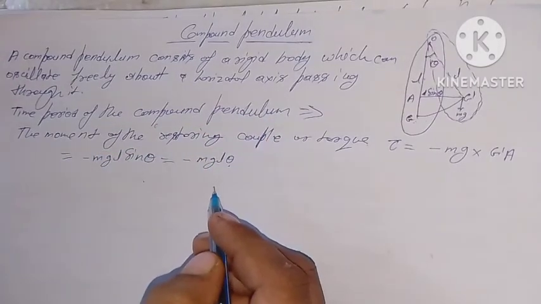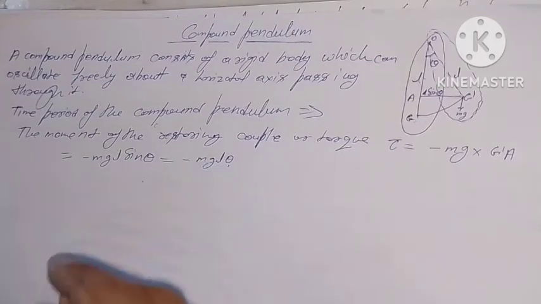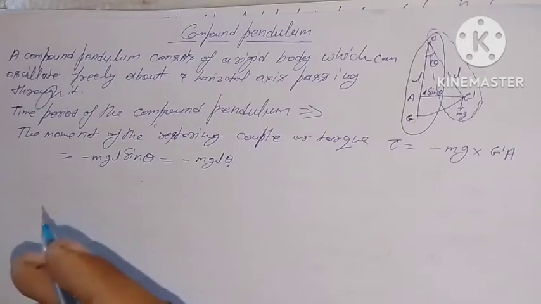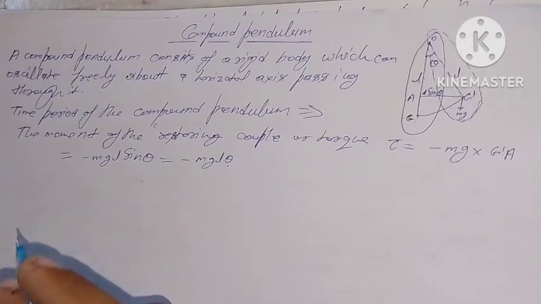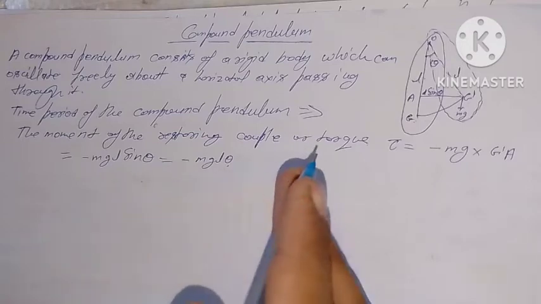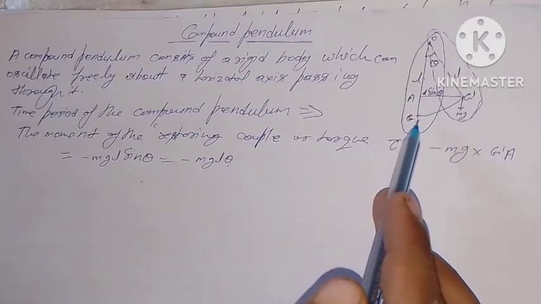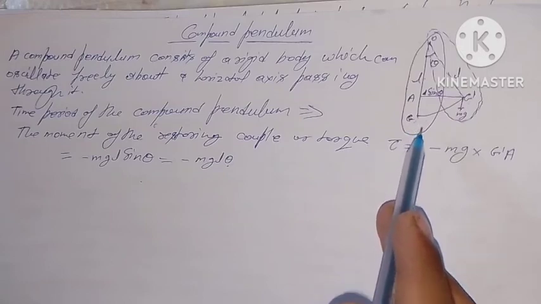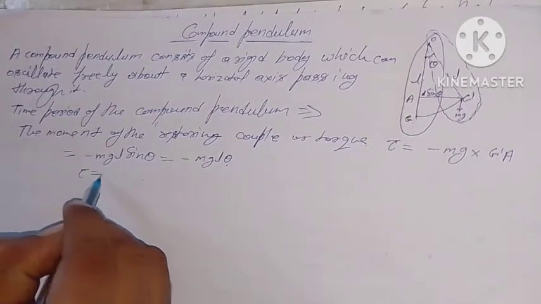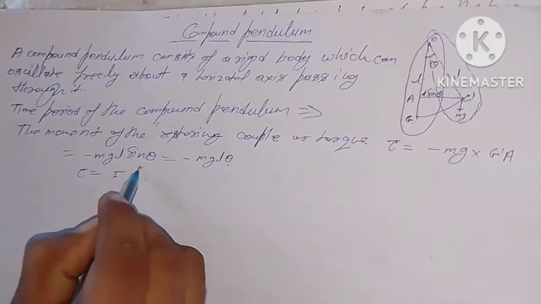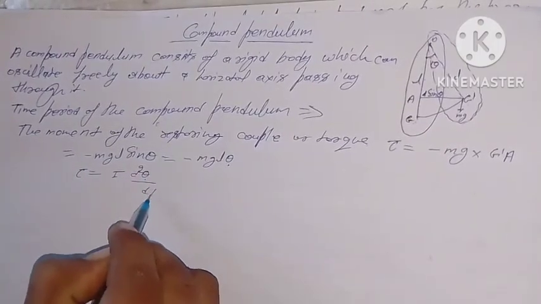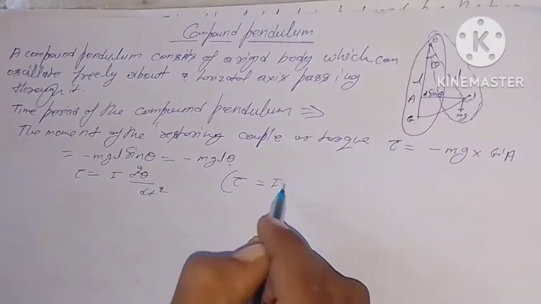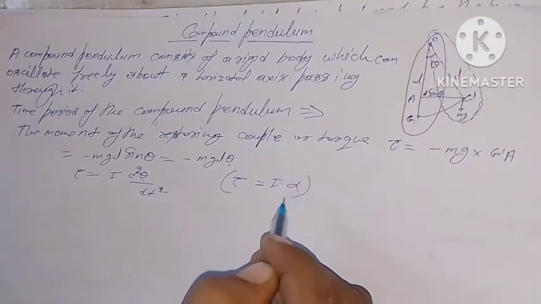The restoring couple gives rise to an angular acceleration alpha in the pendulum. If I is the moment of inertia of the rigid body pendulum about an axis passing through its center of suspension, then the restoring couple is given by tau equals I d square theta upon dt square, because tau equals I into alpha.